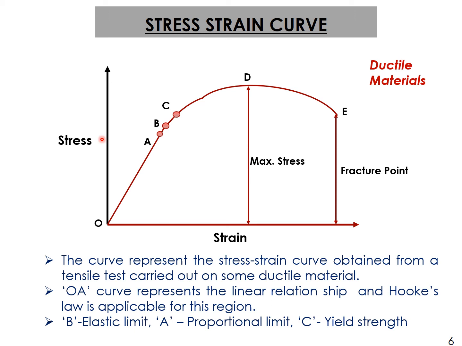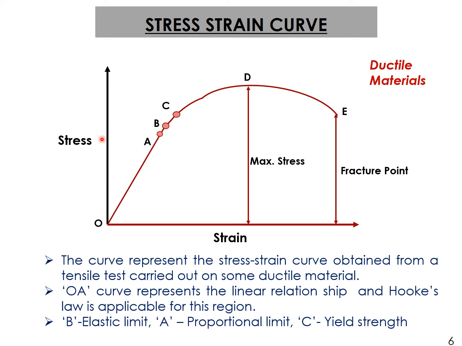Once again I will repeat, point B is the elastic limit. At this limit, the material withstands the largest possible stress without undergoing a permanent deformation, and if you remove the load, there is no permanent deformation. That is called the elastic limit.